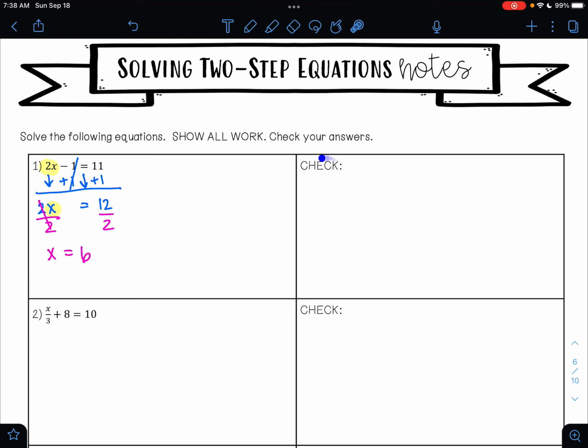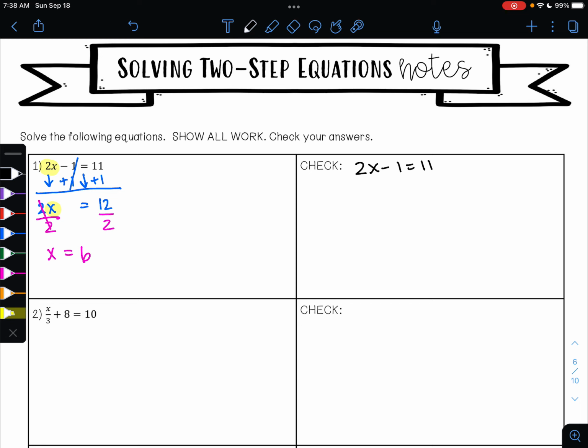But now we want to check our work to make sure that we have done it correctly. And so we're going to take 6 and plug it into our original equation. Our original equation is 2x minus 1 equals 11. We found that x was 6. So I'm going to plug in that 6.